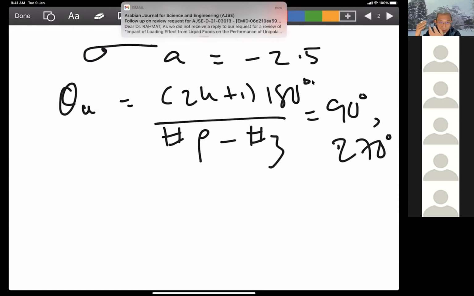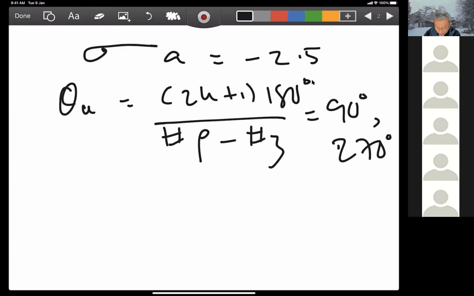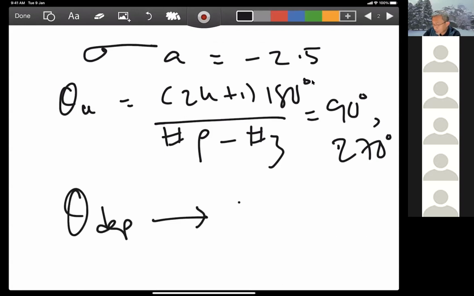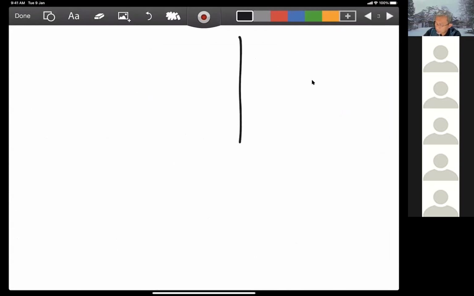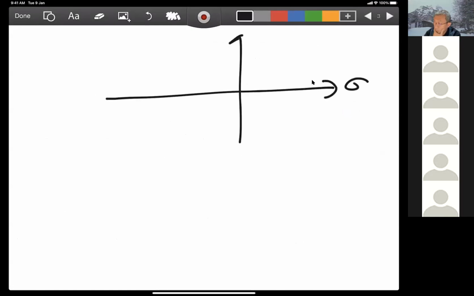Angle of departure or arrival. So the question asks angle of departure or arrival. We have complex conjugate poles, so definitely it is an angle of departure. So just plot it.